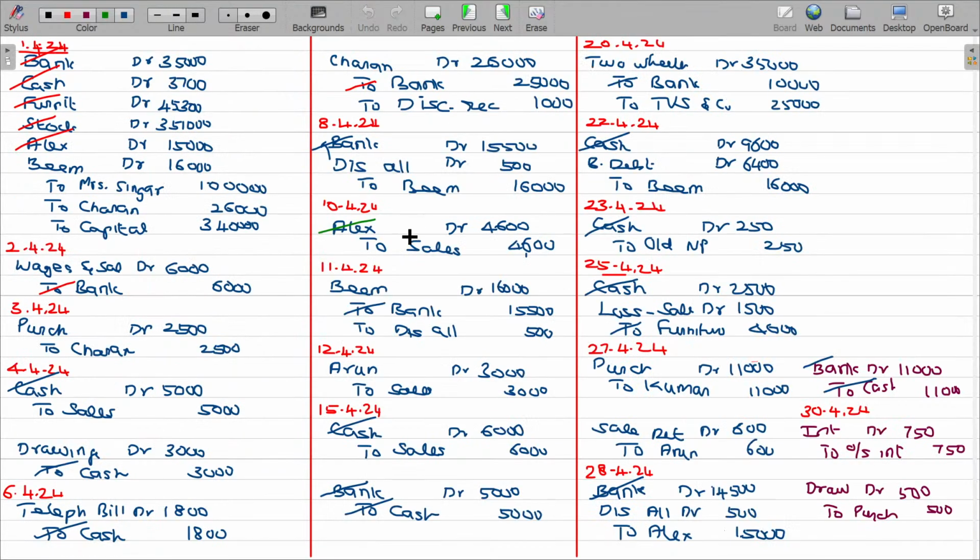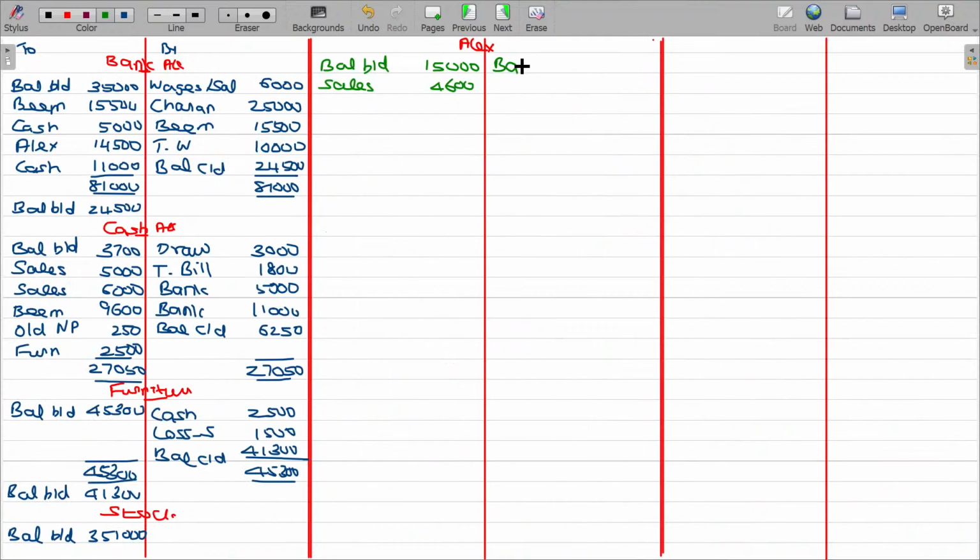And here is Alex, by bank, by discount allowed. Bank being 14,500, discount allowed being 500. Total this 19,600. 4,600 is the balance. Balance brought down 4,600. Alex one is over.